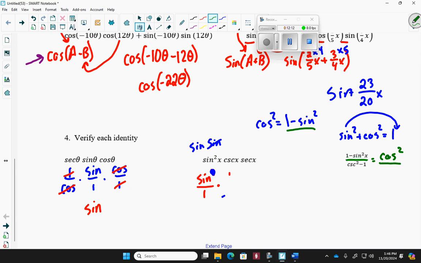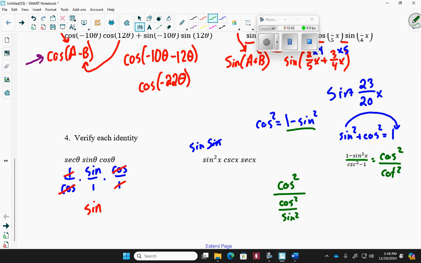The Pythagorean identity we're going to use is 1 plus cotangent squared is equal to cosecant squared. When I move the 1 over, it becomes minus 1, which means the bottom is cotangent squared. That's our first step. We got to keep going. So it'll be cosine squared over cotangent squared, which is cosine squared over sine squared.